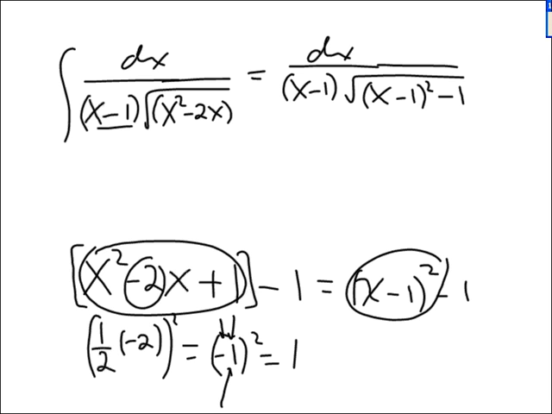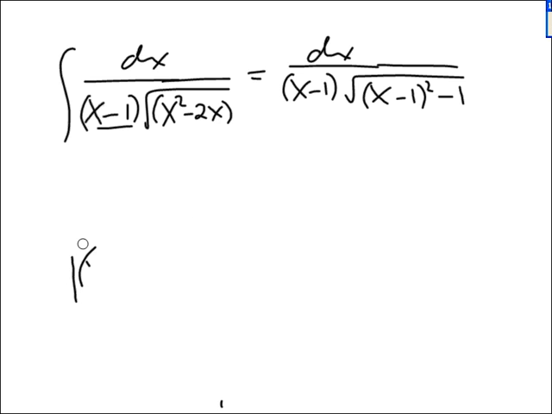Now, if you wanted to let u equal x minus 1, you can do that. You wouldn't be done. You'd have to do what we're doing next. The only thing is instead of having x minus 1 to deal with, you would just have the letter u. But x minus 1 is not all that complicated.